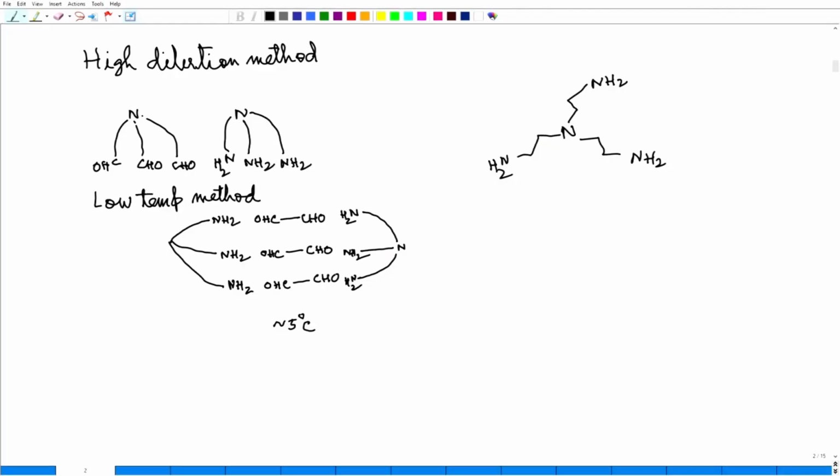So, when you take both, sometimes we can get the yield as much as 90%. If you tell somebody that in a reaction like this we got 90% yield, he will laugh at us, because it is impossible. But indeed, if you take a good templating ion at say 5 degrees Celsius, it is possible to get 90% yield.